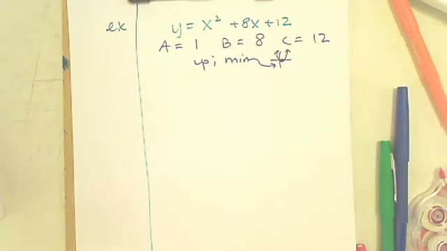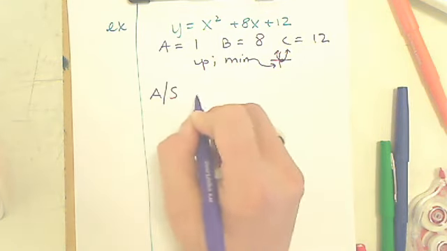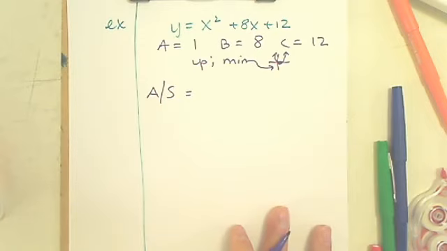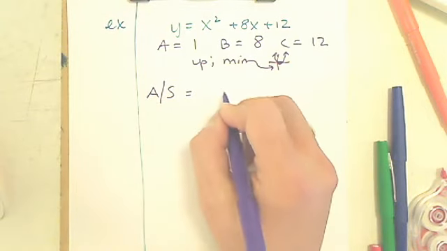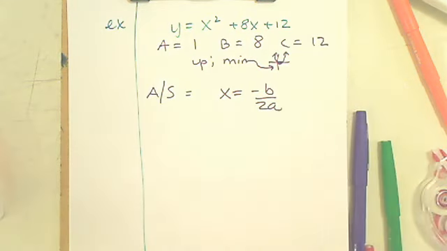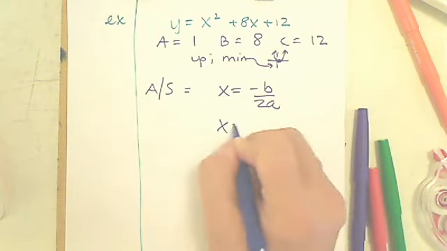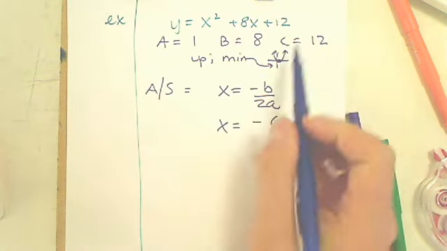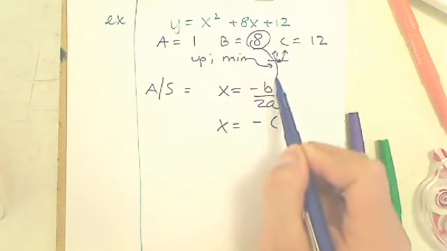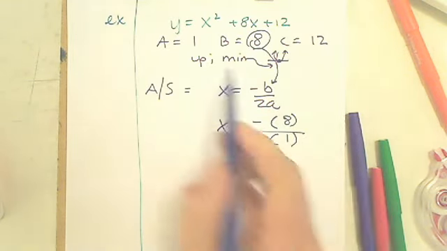Let's find the value for x. What's the formula for the axis of symmetry? Negative b over 2a. This is very simple. This is where we're finding the minimum point. X equals negative b, which is 8, divided by 2 times 1.